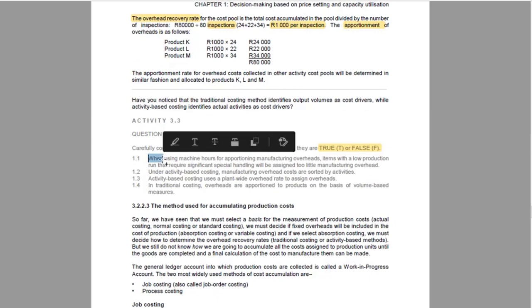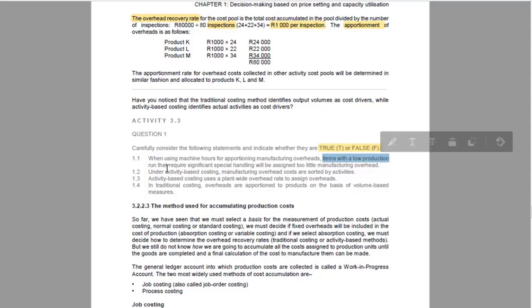Okay, so I'm asking you to answer the question. When using machine hours or apportioning manufacturing overheads, items with a low production run that requires a significant, oh, this is too mouthful, I'm sorry. Let me ask 2.1.2, it's too mouthful.